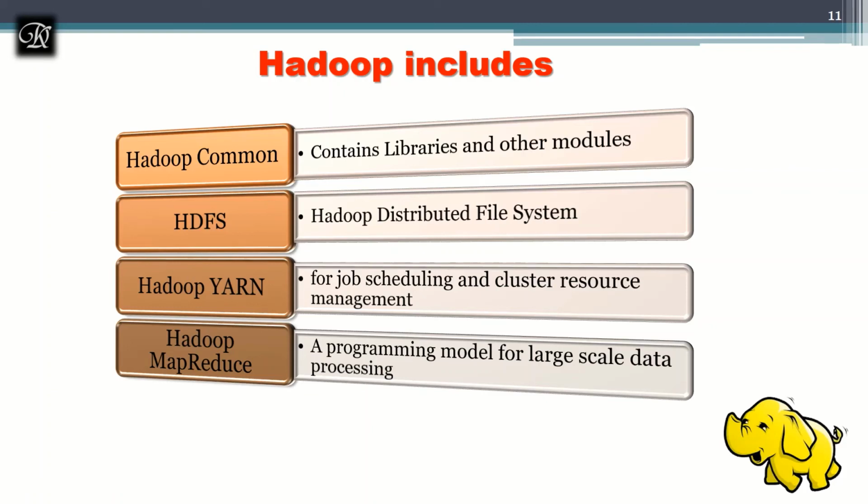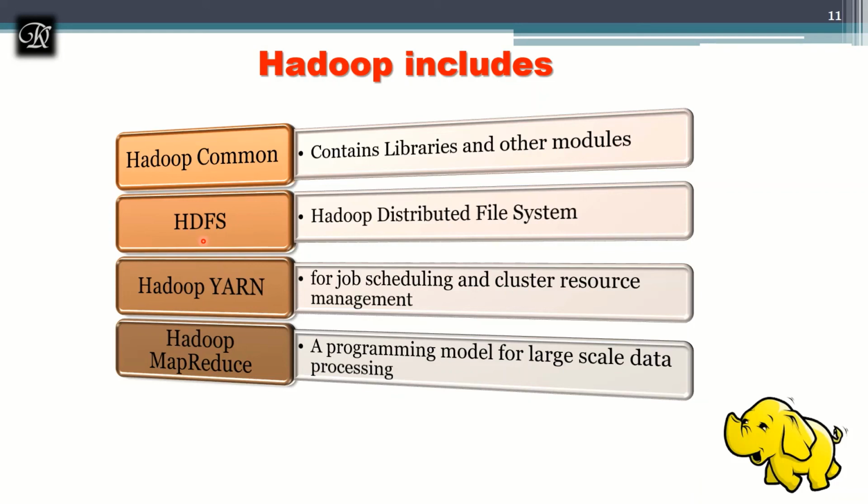Next, we are having HDFS, Hadoop Distributed File System. This is the one which is responsible for storing big data. It is going to sit on the current operating system, whatever you are using, and create its own file system, and that file system is responsible for storing the huge data, how it stores, how it retrieves, and how it handles a failure.